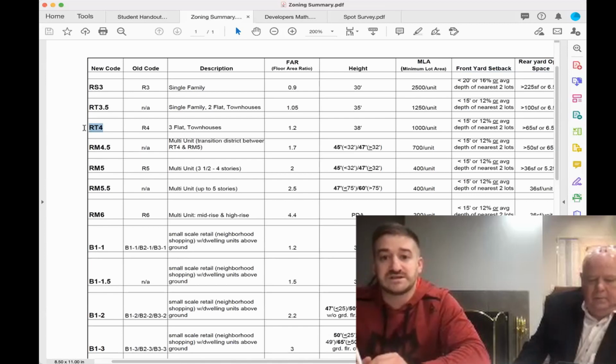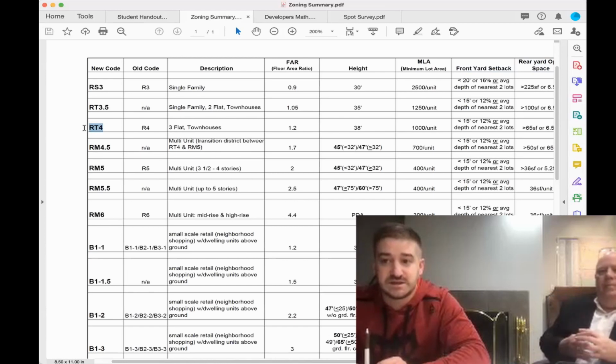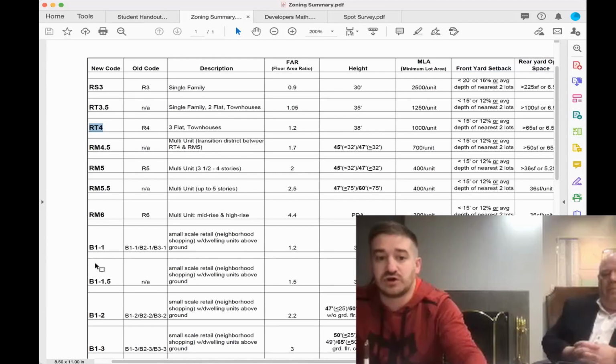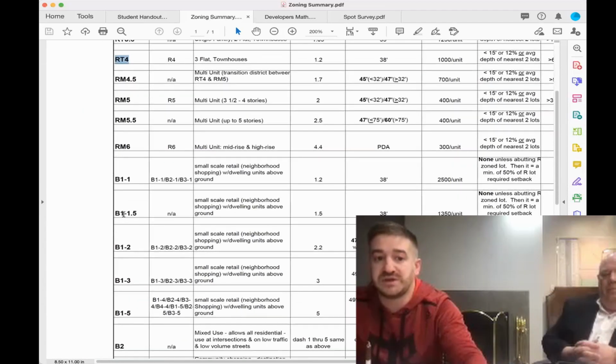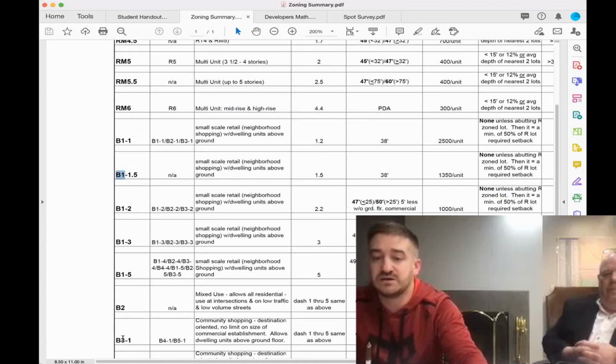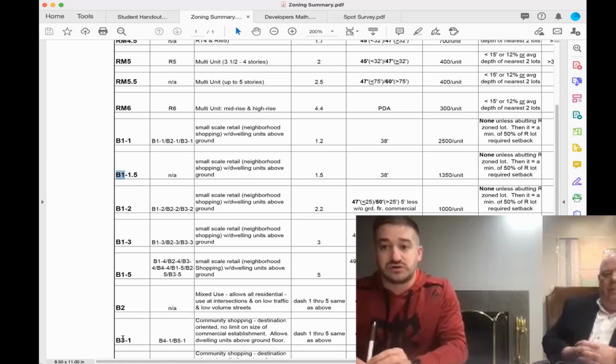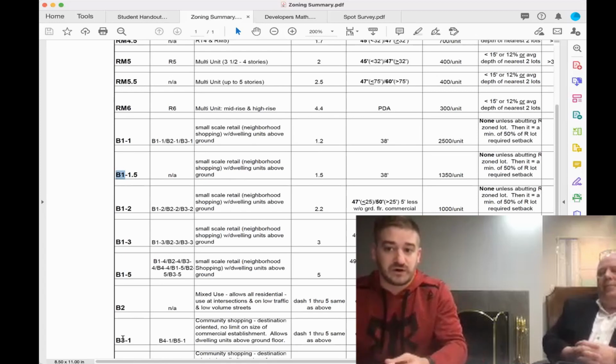Because if you're zoned residential, you're not allowed to put any businesses. And if you are zoned, let's say B1, and the business that you want to put in there requires B3 zoning, you could get a conditional use permit to allow your business to operate conditionally within a district that does not allow for it.